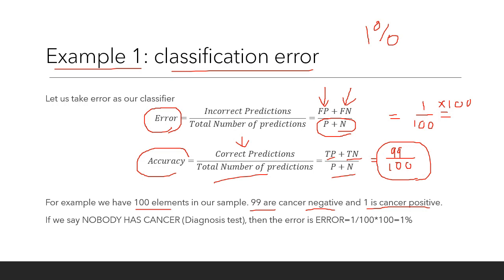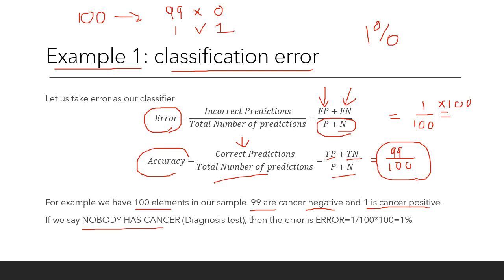It's very simple. So imagine a village with 100 people, yeah? And out of these 100 people, 99 people do not have cancer, yeah? Let's mark them with a 0. And 1 person has cancer, yeah? So let's put a 1 here.